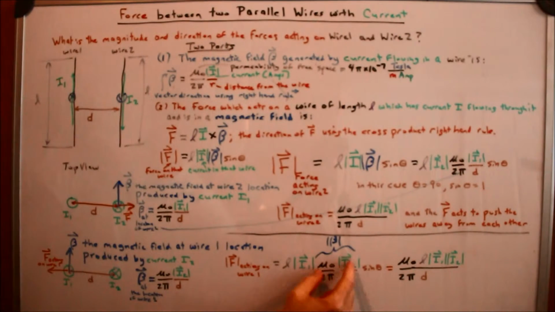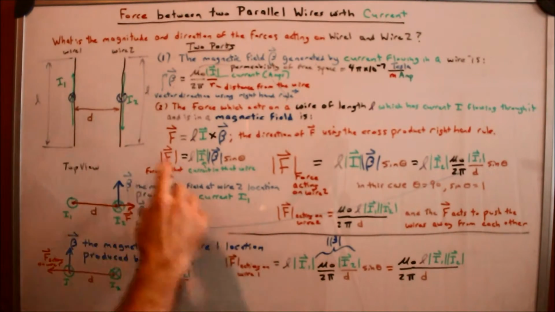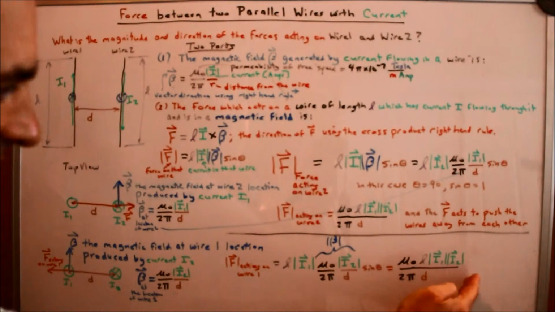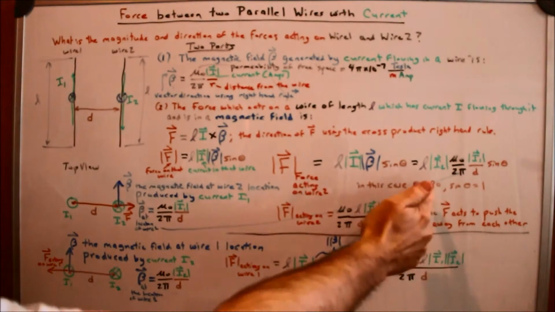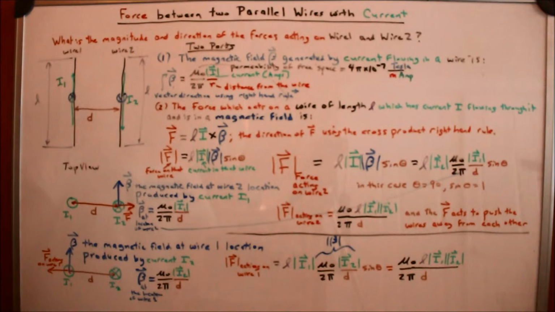So you can see that the currents have flipped around, but there's still a product: this is the current flowing through wire 1, and this is the magnetic field caused by the current flowing in wire 2. And so they have the distance between them and the length of the wire. And so we get the same magnitude as we did previously, because once again the theta is 90 degrees.